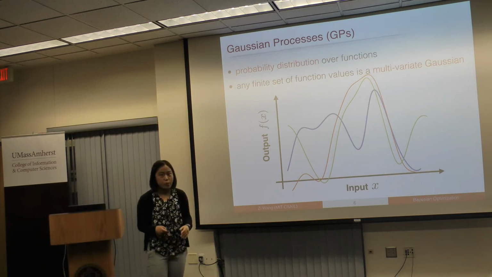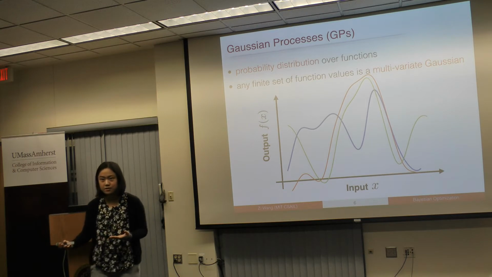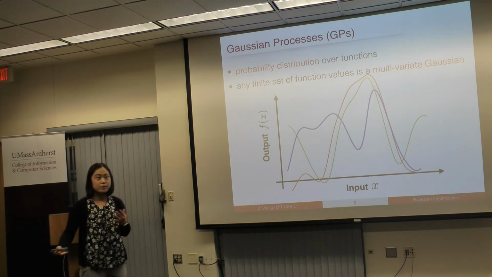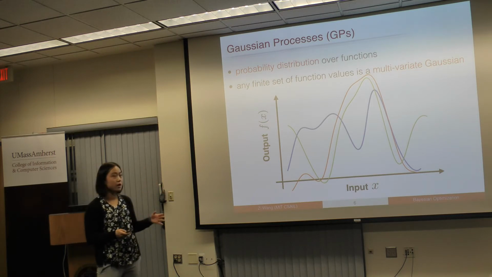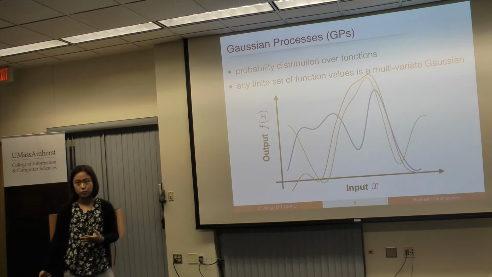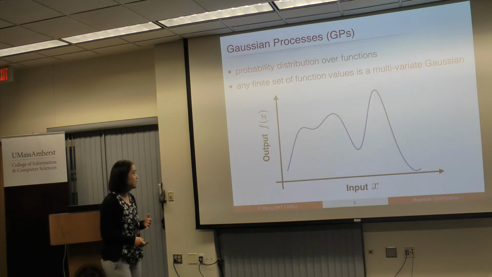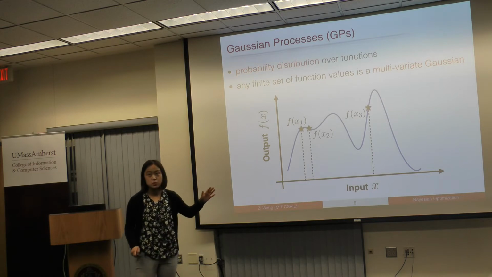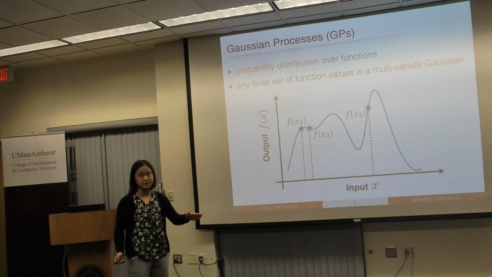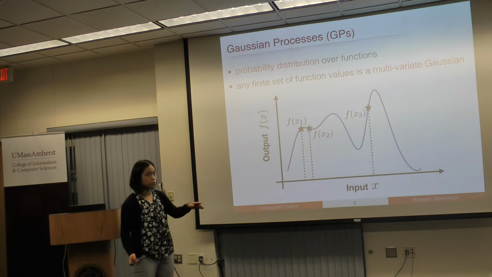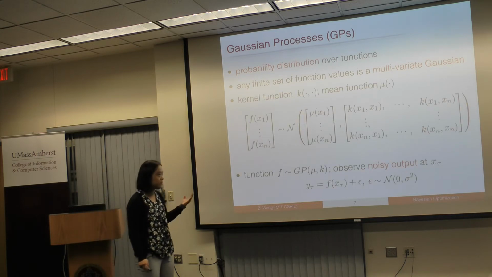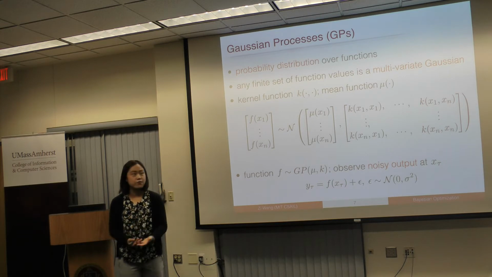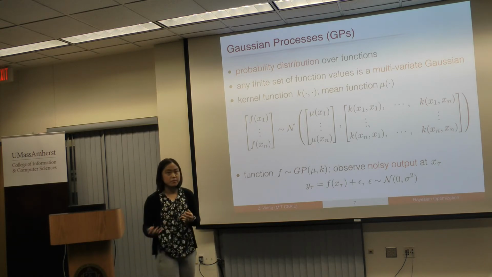So basically, it's a probability distribution over functions, and by definition of the Gaussian process, any finite set of function values will have a multivariate Gaussian distribution. What I mean by that is, think about any evaluations we get from, say, x1 through x3. The function evaluations f of x1 through f of x3 will have a multivariate Gaussian distribution with 3 variables. More formally, our Gaussian process is defined by a kernel function and a mean function.